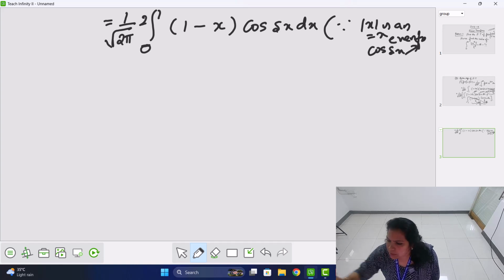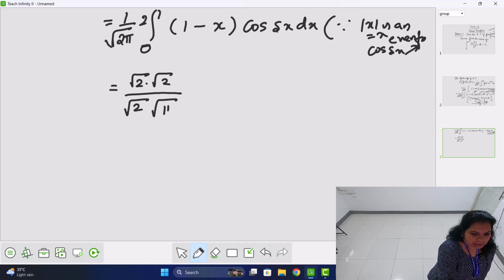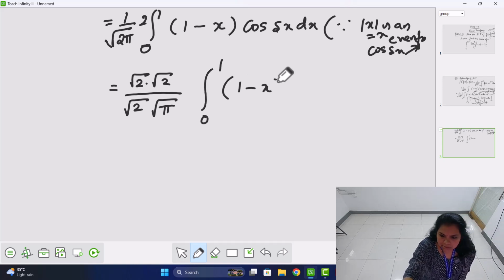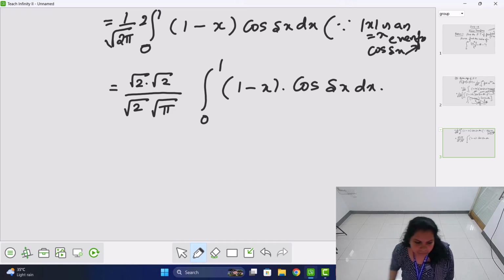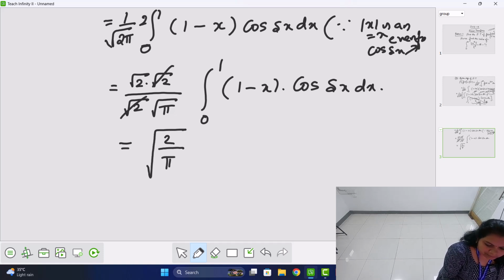This is the reason. So 2 by root 2, root pi, integral from 0 to 1 of (1 minus x) cos sx dx. The root 2 will get cancelled, and throughout you are having a root, so you can take it as root of 2 by pi.